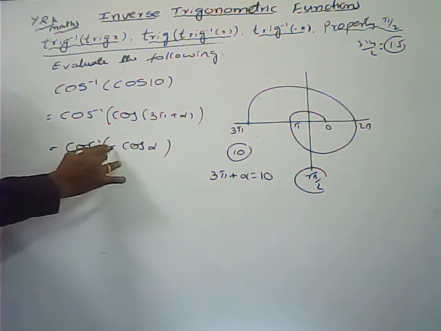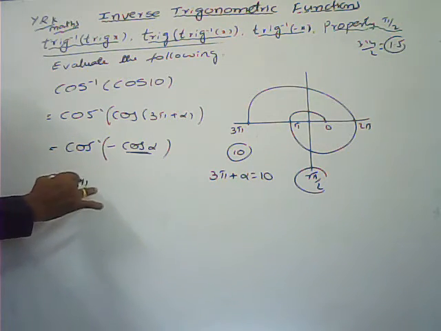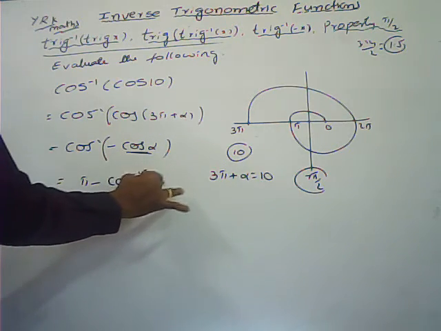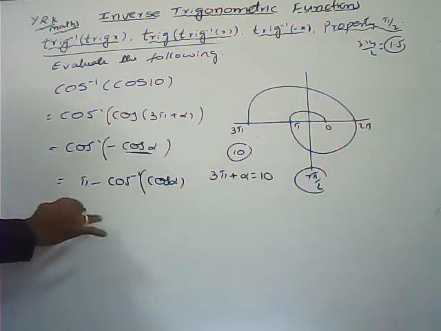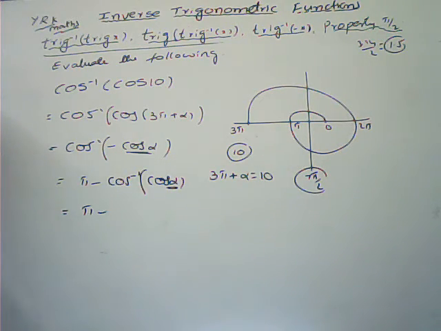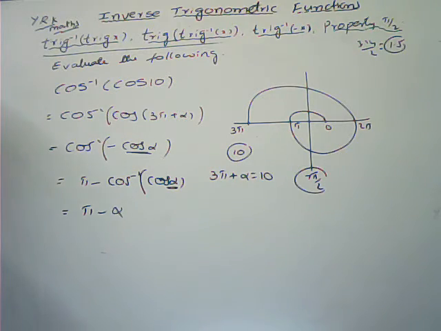And cos inverse of minus x, we can write pi minus cos inverse of cos alpha, that is equal to pi minus, here alpha belongs to 0 to pi by 2. If it belongs to 0 to pi by 2, it belongs to 0 to pi also. Then cos inverse of cos alpha we can write alpha.